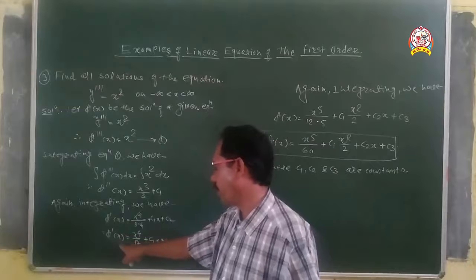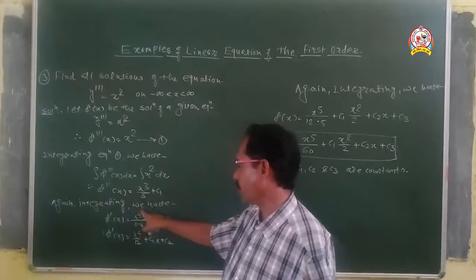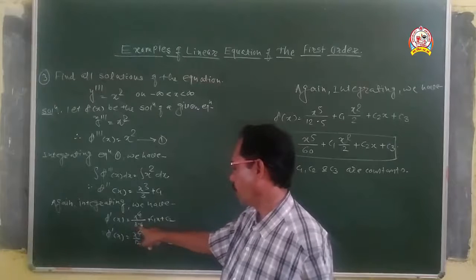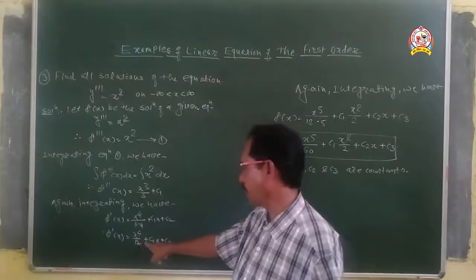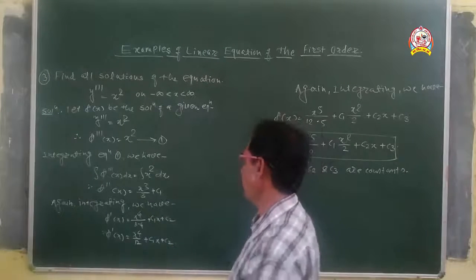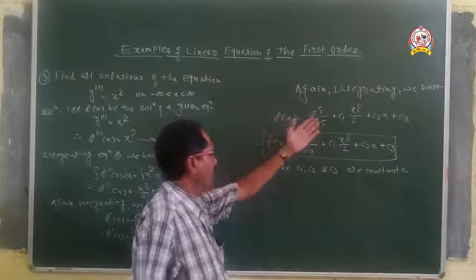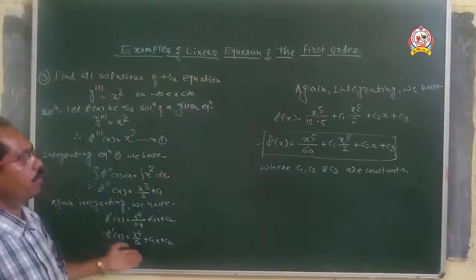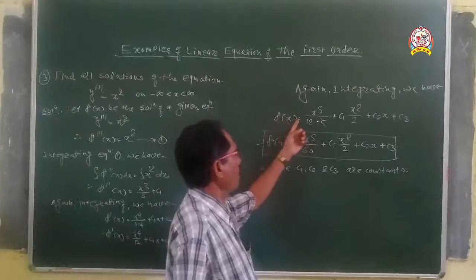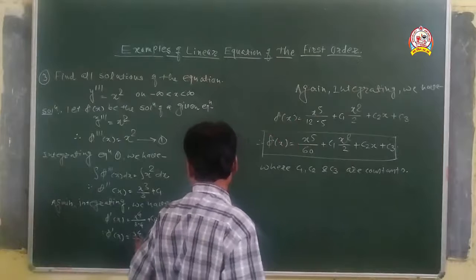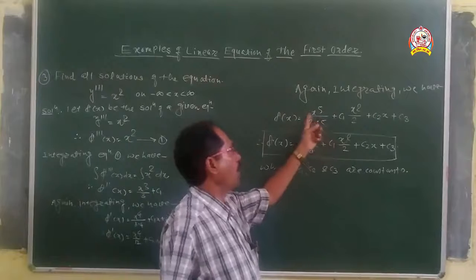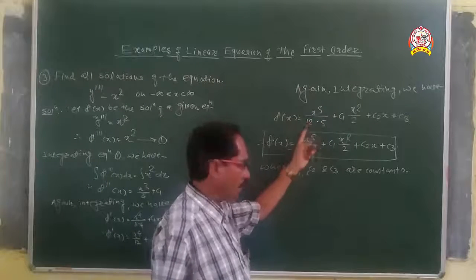Therefore, phi'(x) is equal to x^4/(3 into 4, which is 12) plus c1x plus c2. Now again integrate this equation. We have phi(x) equal to the integration of x^4, which is x^5/5, and 1/12 is a constant.